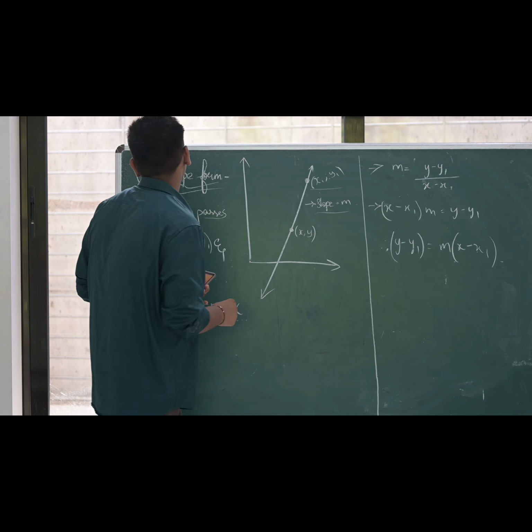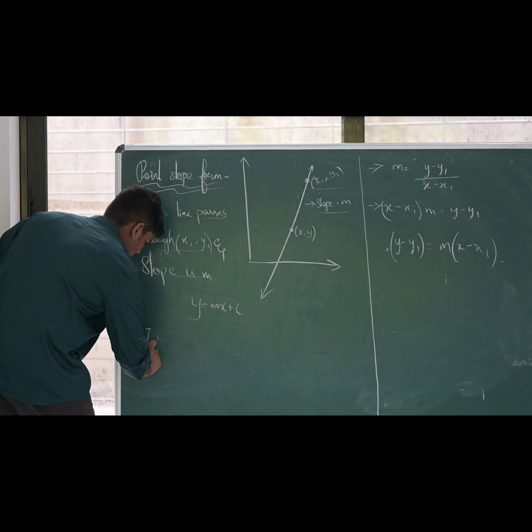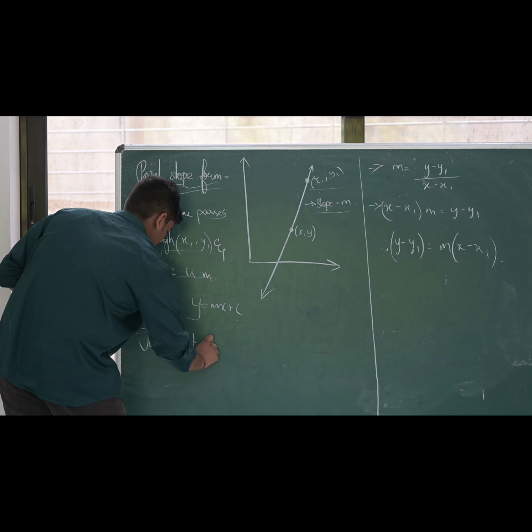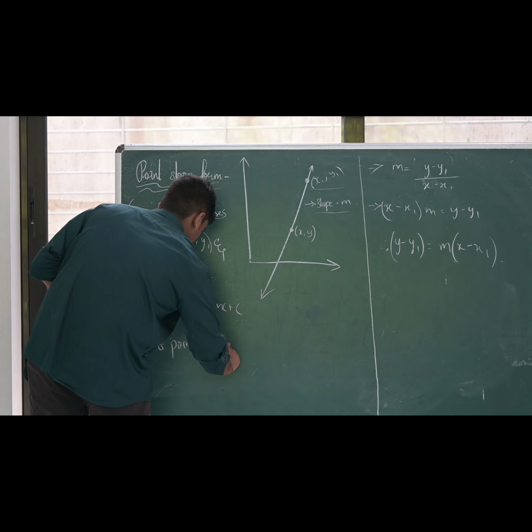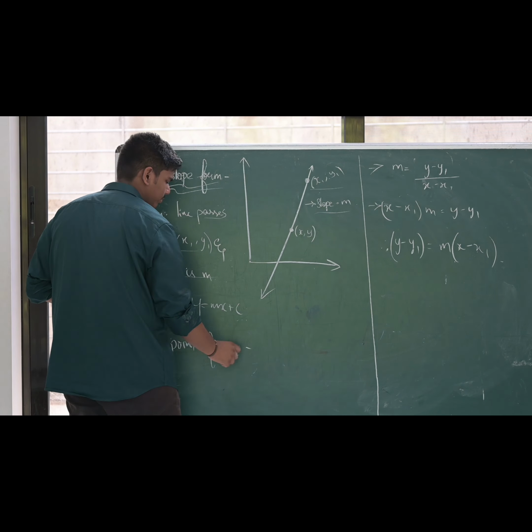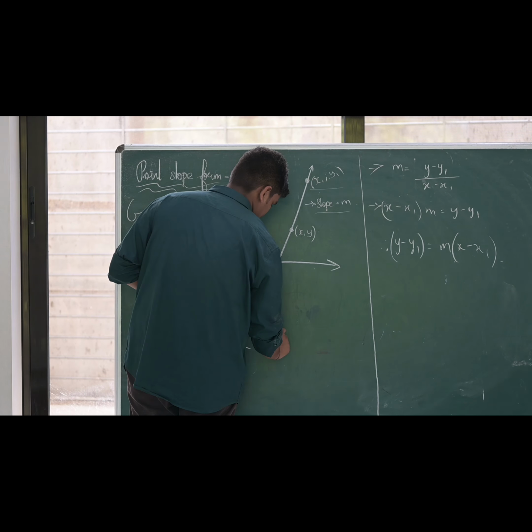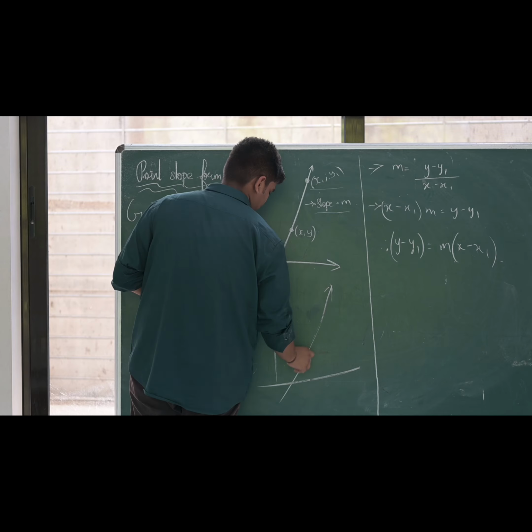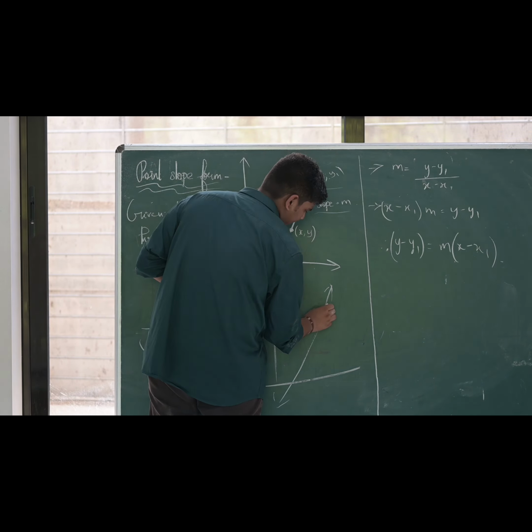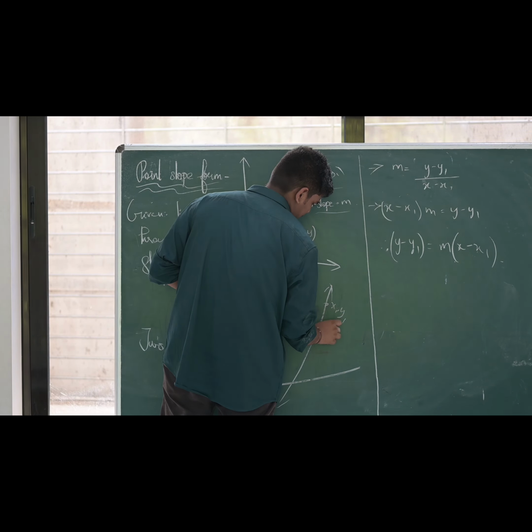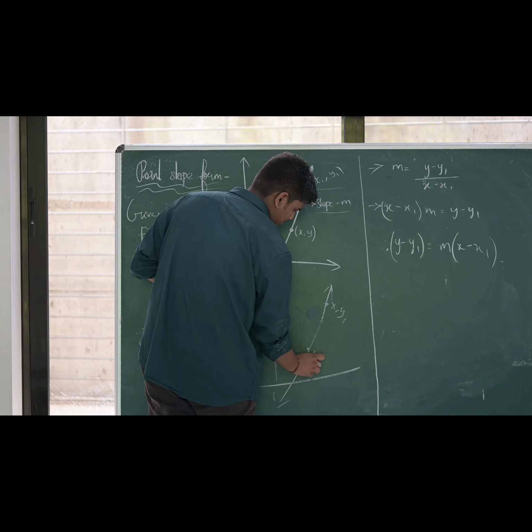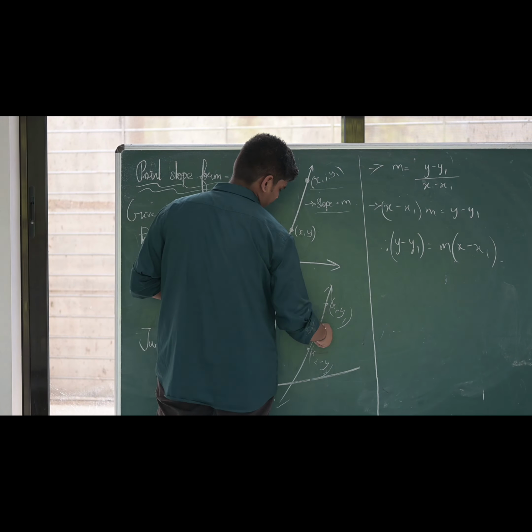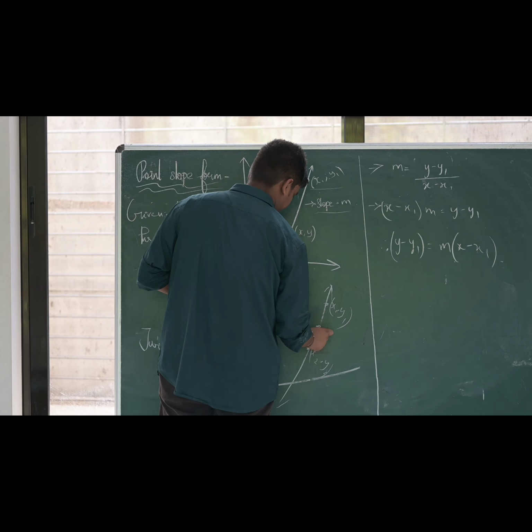Now for the two point form, imagine they are given two points, like a line is passing through the points x1 comma y1 and x2 comma y2. What will be the equation of the line? Let this point be x comma y.